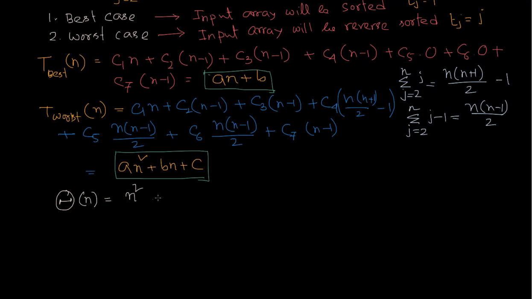This technique is generally called order of growth, right? So that means the higher the order, the more time it will take to execute the algorithm, okay? So for our insertion sort, we are getting the algorithm growth rate as n square over here, which is quadratic in nature, okay?